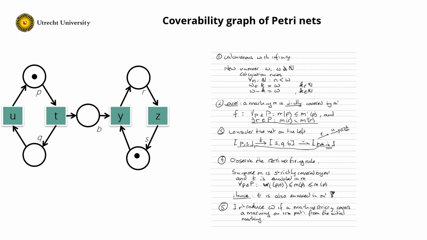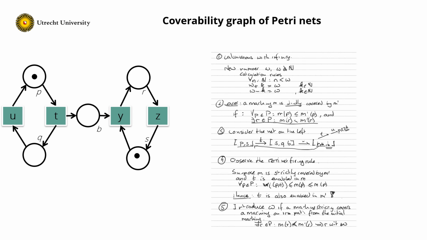So in other words, if for this place R, in the marking M R and this M prime R is strictly smaller, so M R is there, and the value we find in M prime R, then we introduce R with omega.